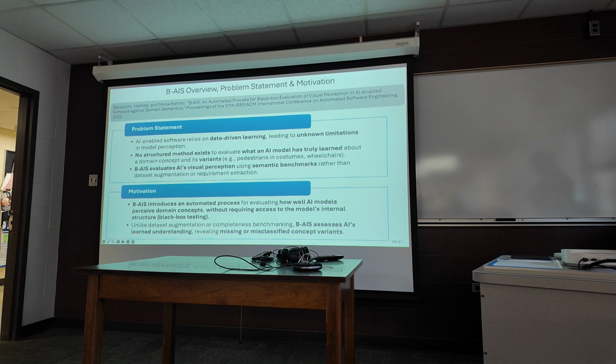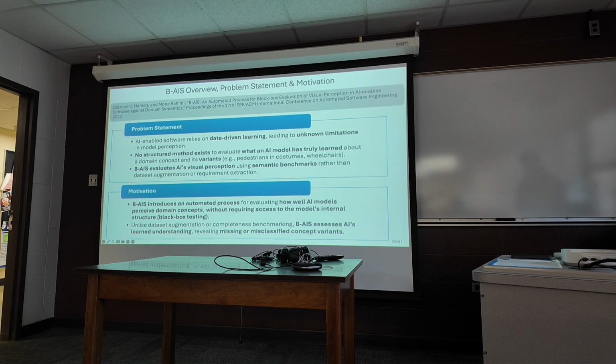As we discussed, AI models are often trained on massive datasets, but we don't have a structured way to evaluate what they have actually learned, especially when it comes to subtle or rare domain variations. This becomes critical in vision-centric systems.